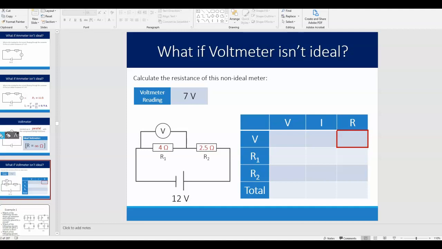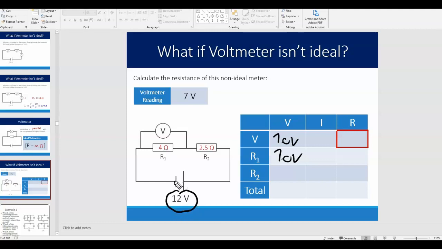First of all, if the voltmeter reads 7 volts, that means the voltage across R1 is also 7 volts. So this is 7 volts, this is 7 volts, because if these two are parallel, they have to have the same voltage. Now I have 12 volts down here.